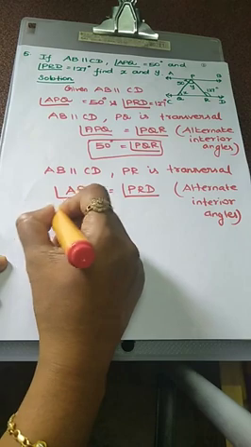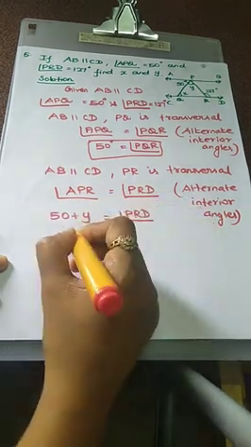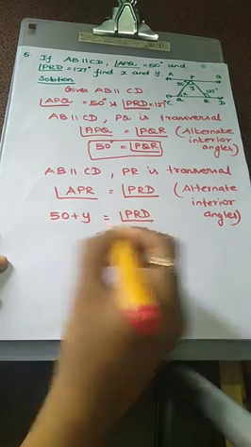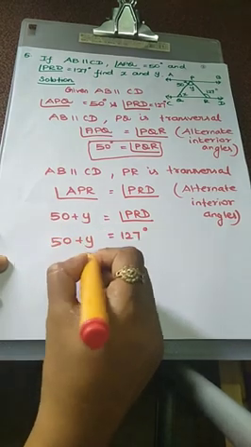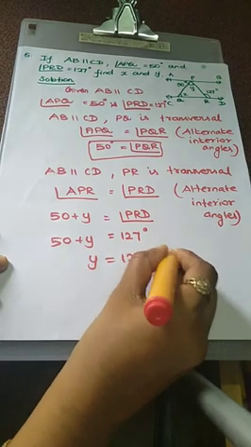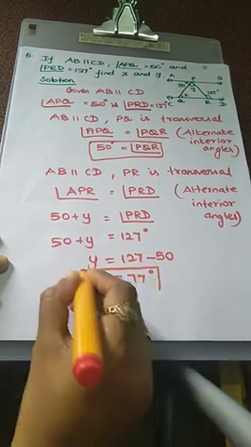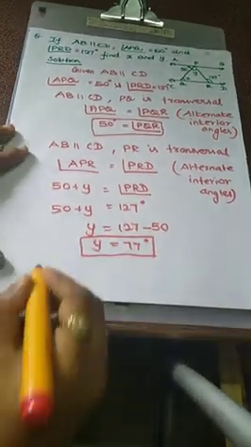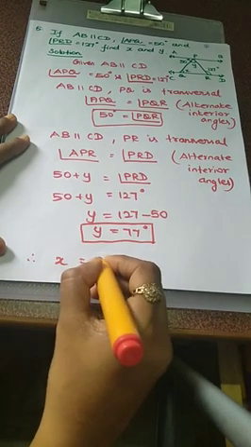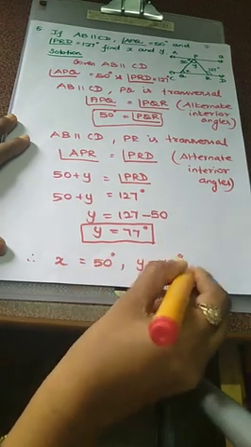So 50 plus Y is equal to angle PRD. The PRD value is given, so apply 127 degrees. So 50 plus Y equals 127 degrees. So 127 minus 50 is equal to Y. What is that? 77 degrees. Therefore X is equal to PQR, 50 degrees, and Y is equal to 77 degrees. That's all.